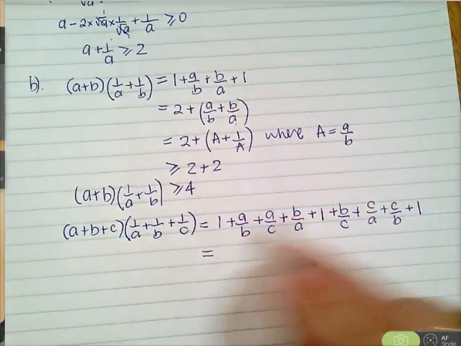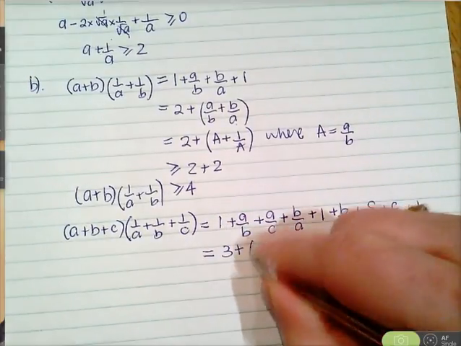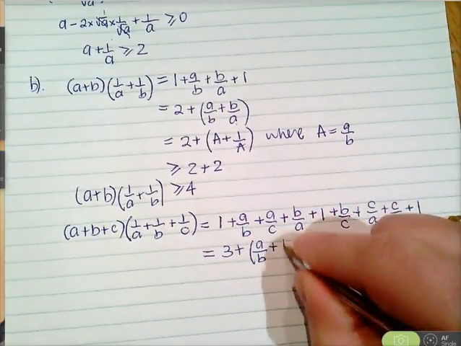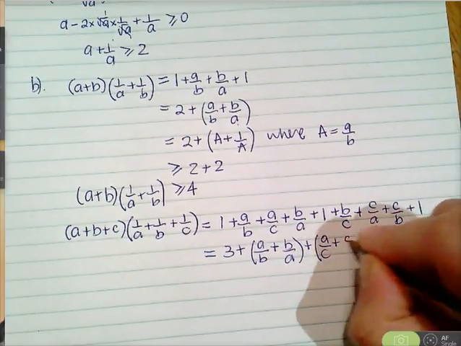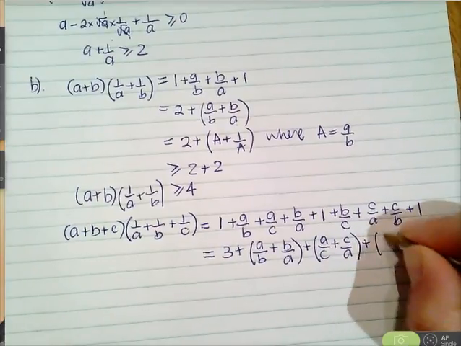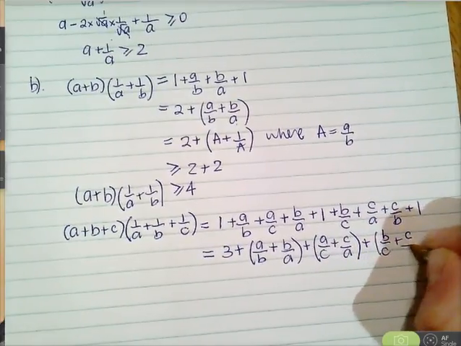So you've clearly got 1, 2, 3 plus those groups of reciprocals: A over B plus B on A. Then you've got the reciprocals A over C plus C on A, and you've got the B over C plus C over B.